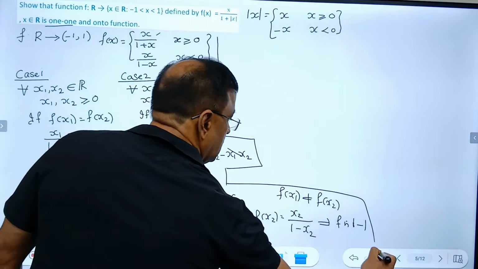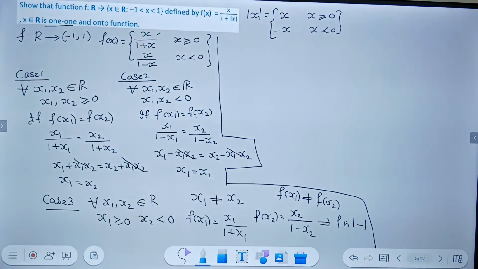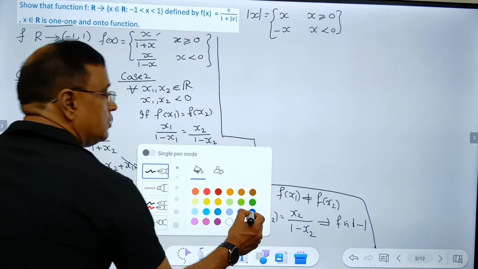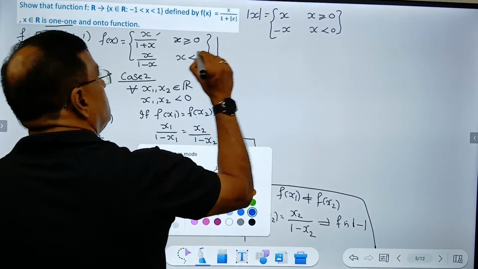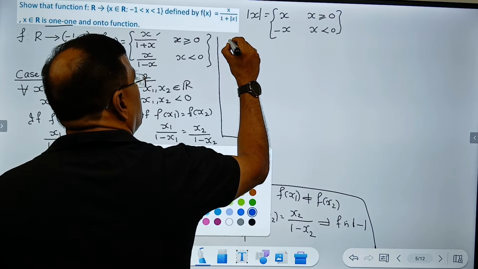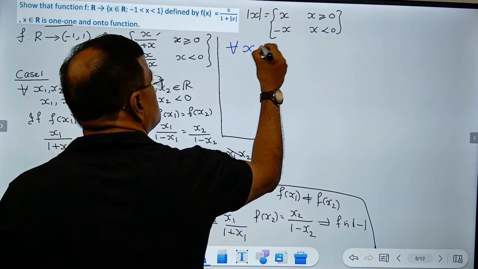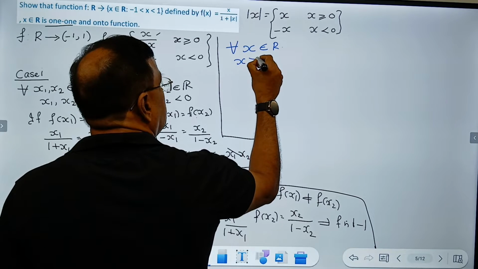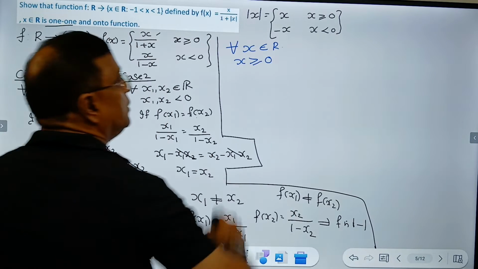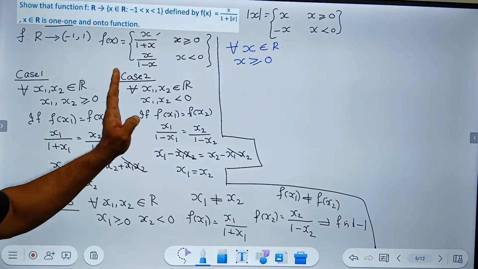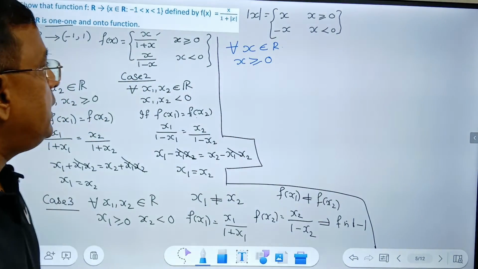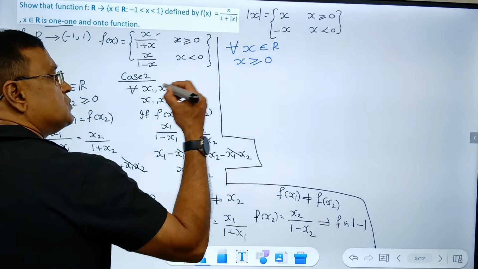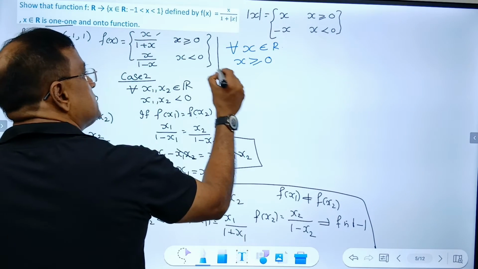Now, how am I going to go for onto? So let's go to onto. Now for every x belongs to R where x is greater than or equal to 0. First I am taking all positive real numbers. So when I take all positive real numbers, let's go a little slowly. My f of x is y.